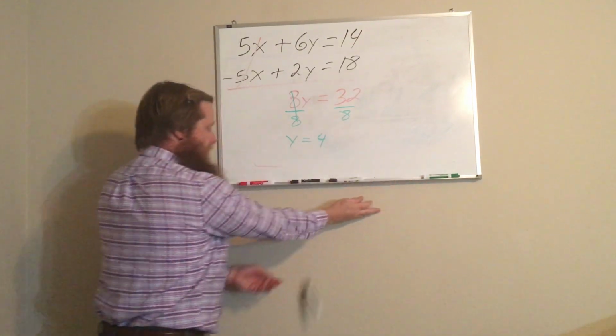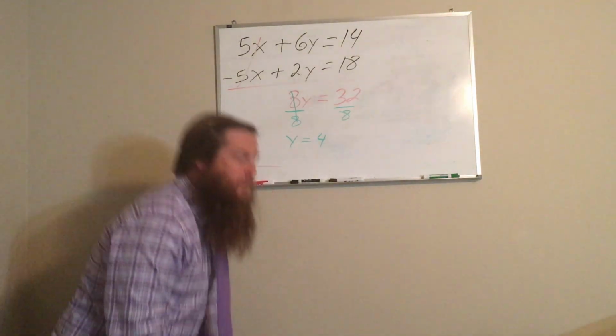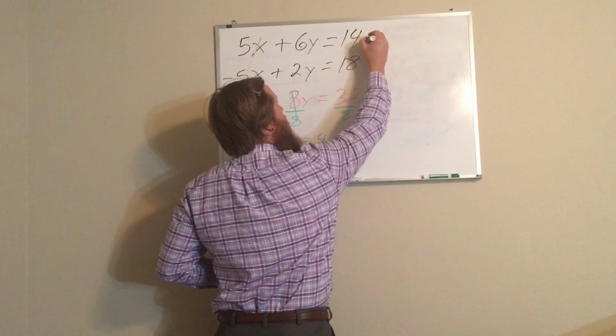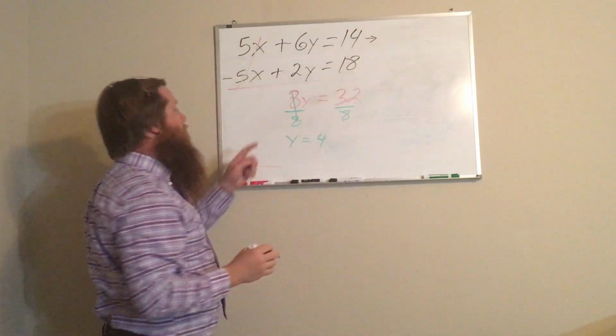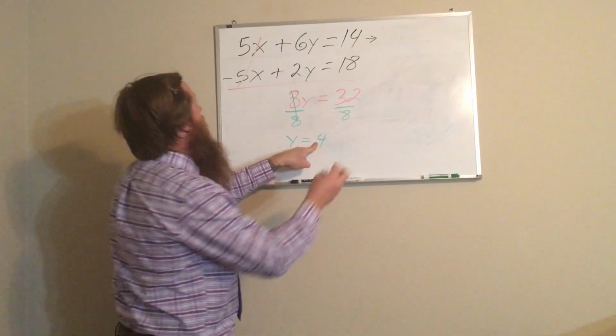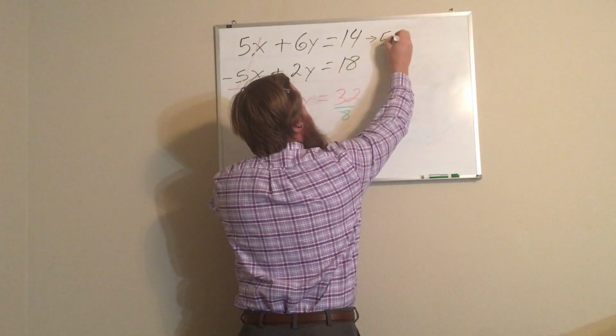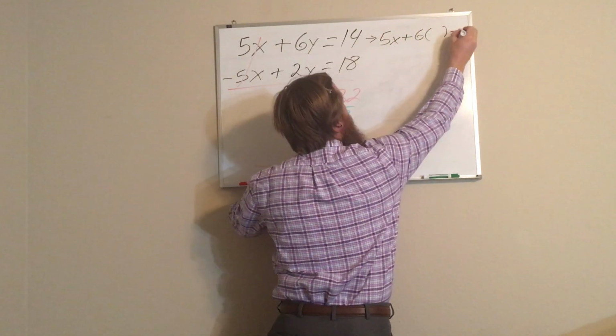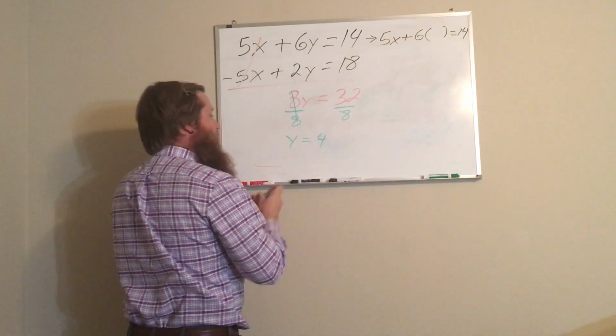Now, just like on the previous problem, we will be finished when we solve for both x and y. So let's rewrite the top equation, but this time we use our substitute for y, which is 4. So we write 5x plus 6y equals 14.